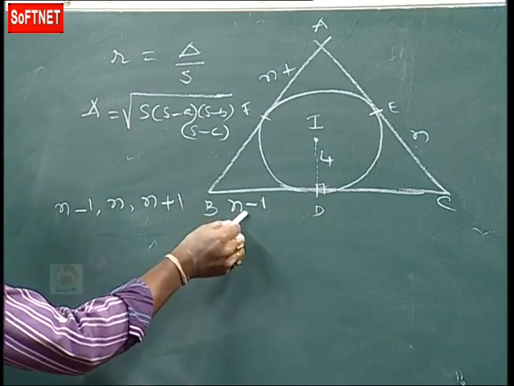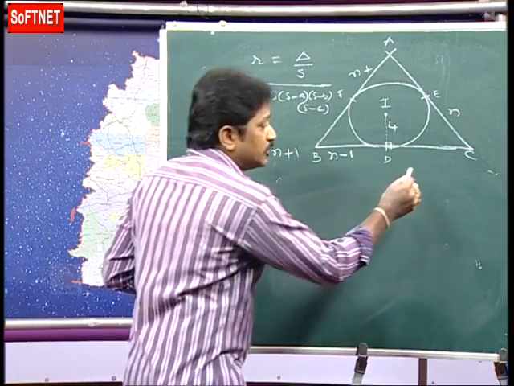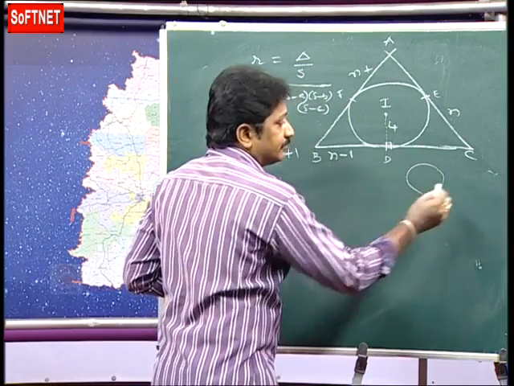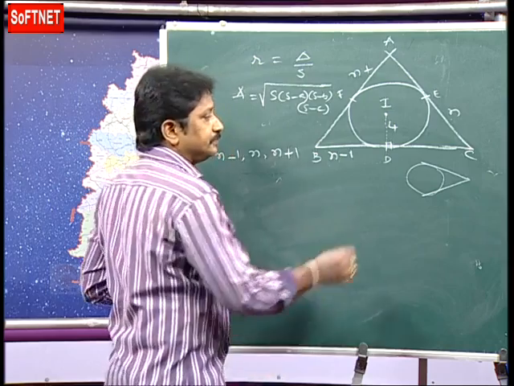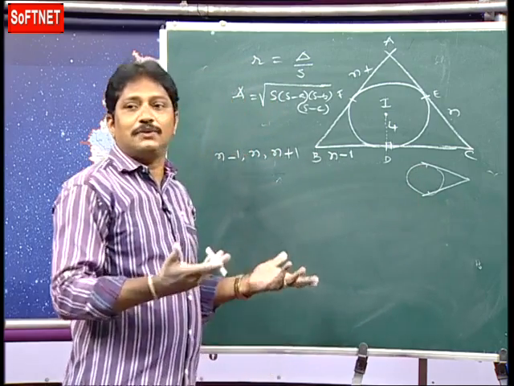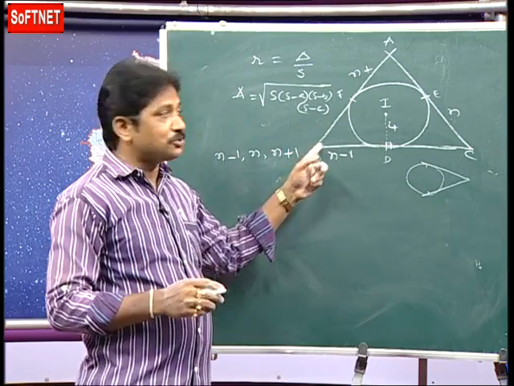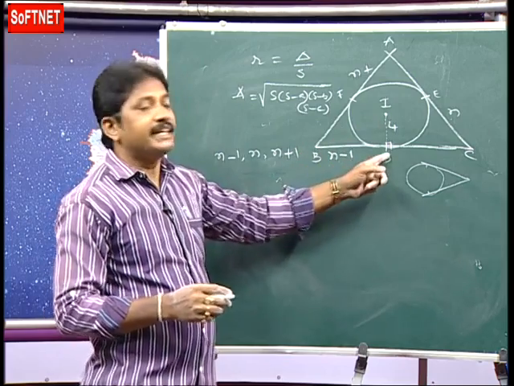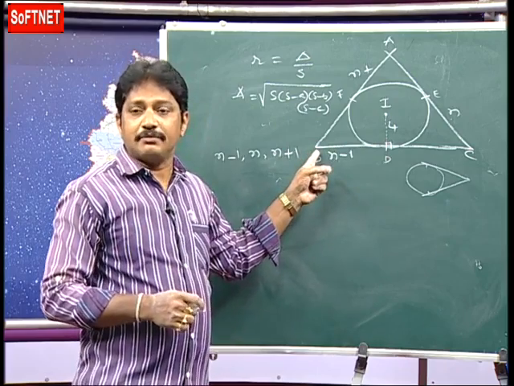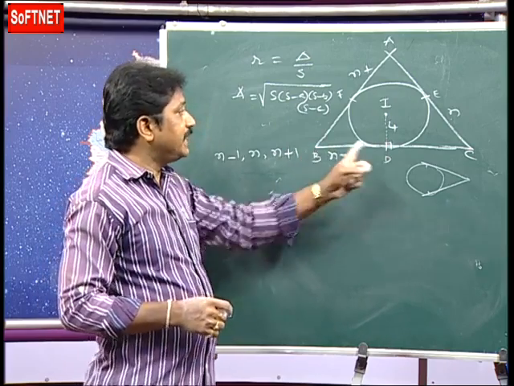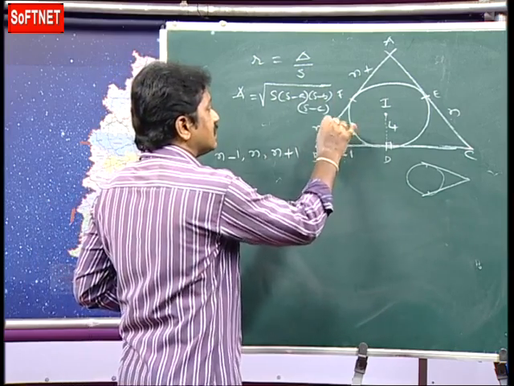Now coming to the application of circles. You know that in a circle, when you draw two tangents from an external point, the lengths of the tangents are equal. BF is a tangent to the circle, BD is also a tangent to the circle, and both are drawn from the same external point B. So BD is equal to BF. When BD is n minus 1, BF is also n minus 1.